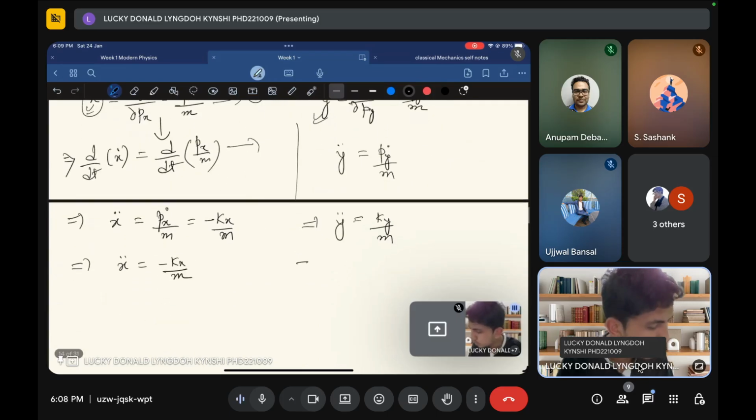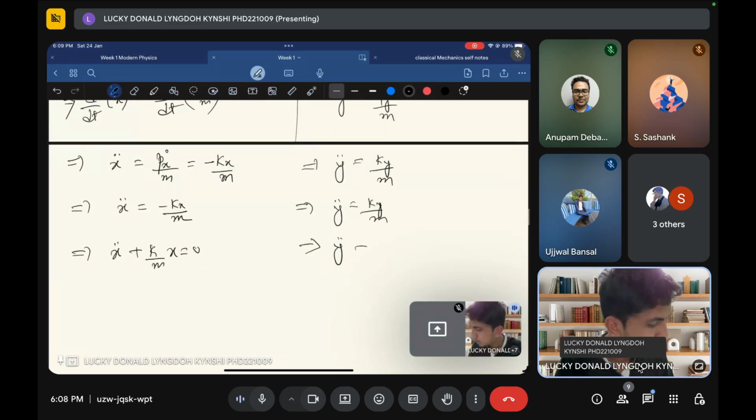So if you look carefully, y double dot equals ky by m. Here you have x double dot plus k by m x equal to 0, and y double dot minus k by m y equal to 0.